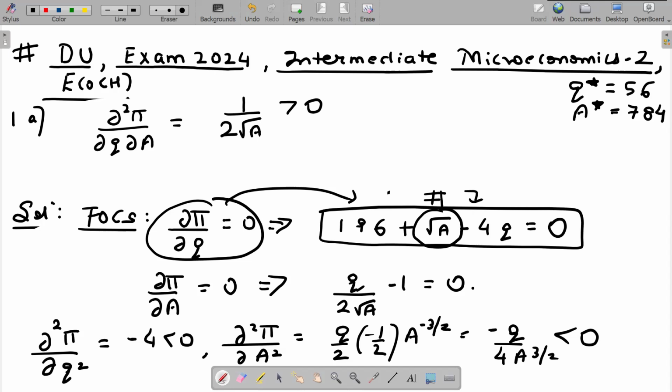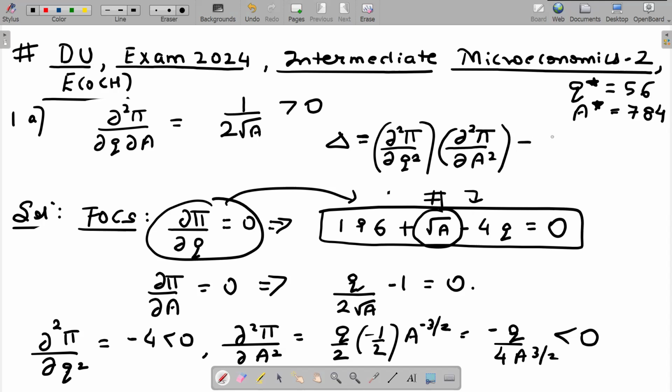So my determinant, which is del square pi over del q square times del square pi by del a square minus del square pi by del q del a whole square. Remember from my intermediate mathematical methods for economics course, it's AC minus B square.